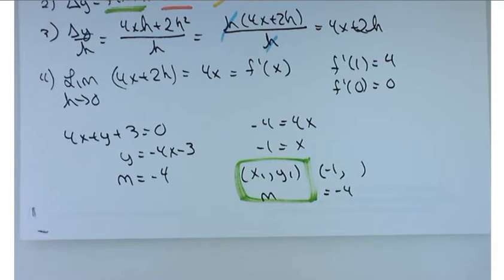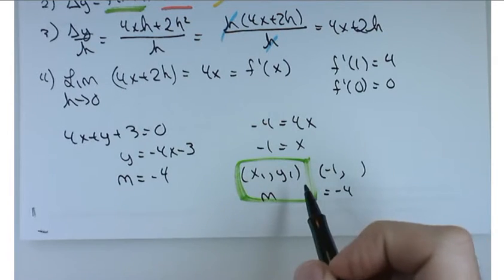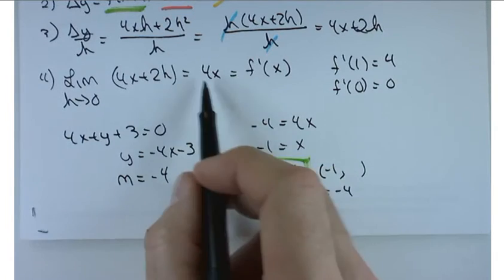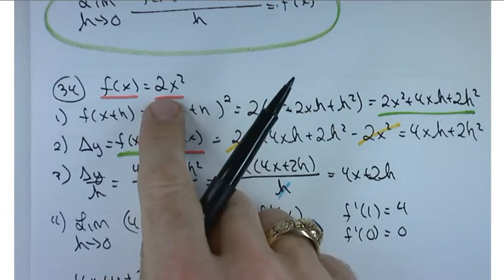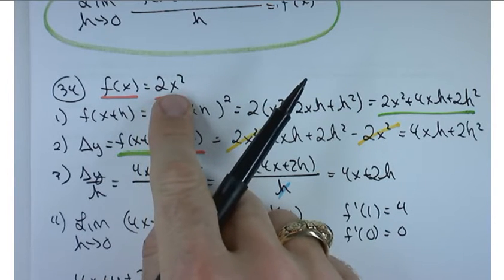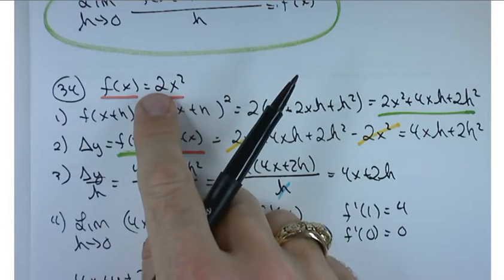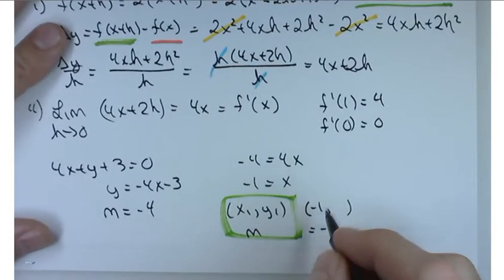How am I going to find the y coordinate? Yeah, plug it into the original equation. I like that. A lot of times people make a little bit of a mistake and they plug this into the derivative. I got to go back to the original equation. -1 squared is +1 times 2 is 2. So -1 and 2.